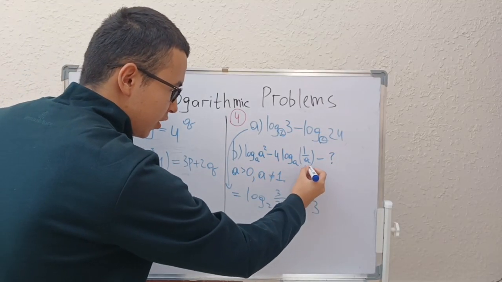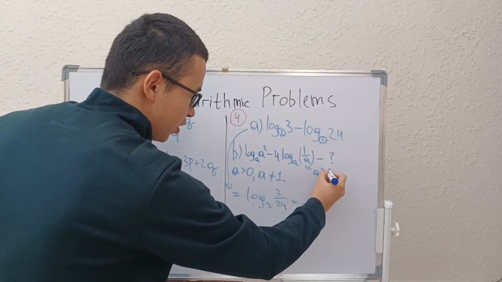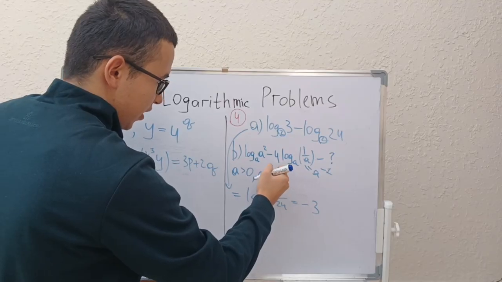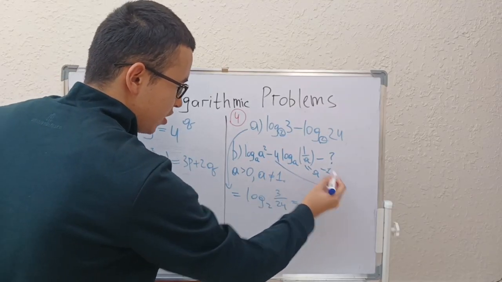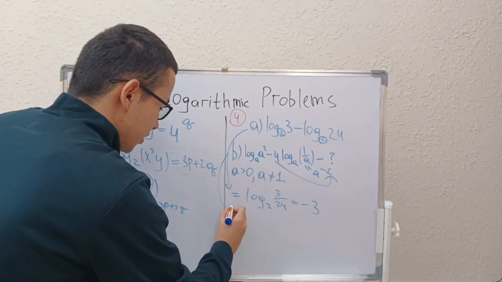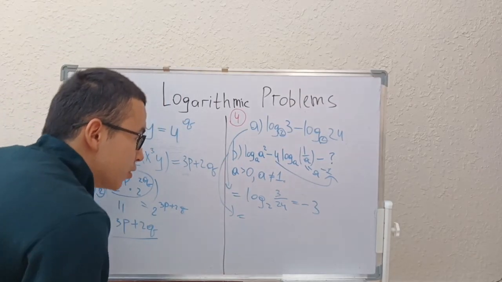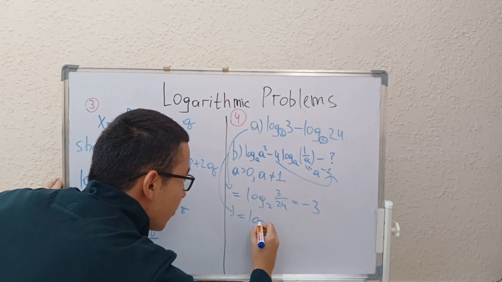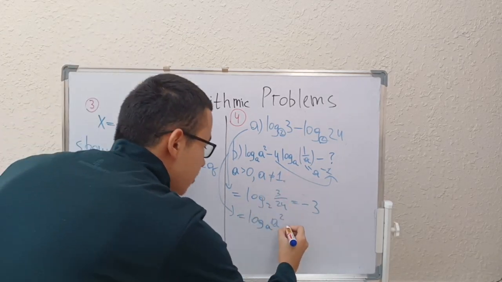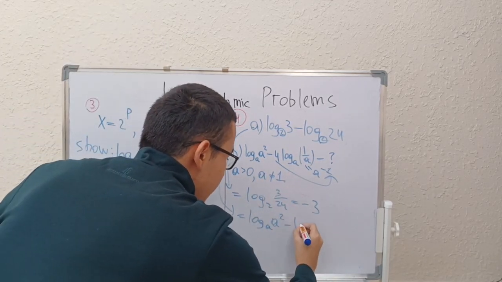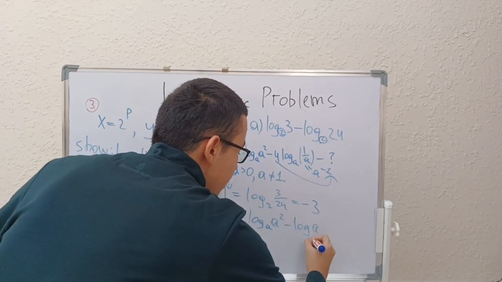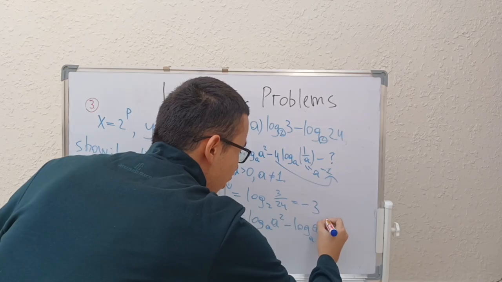Because this thing is equal to a to the power of minus 1, we can plug it in by the property of power, and we would have that this is equal to logarithm base a of a squared minus logarithm base a of a to the power of minus 4.